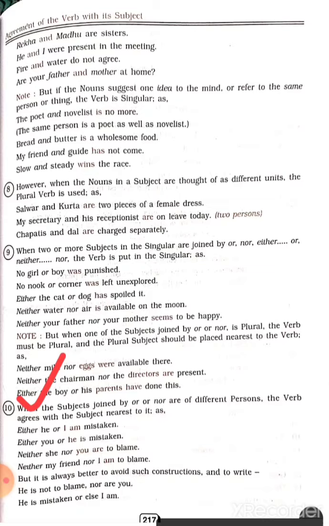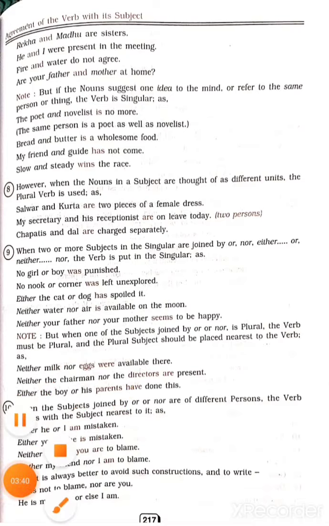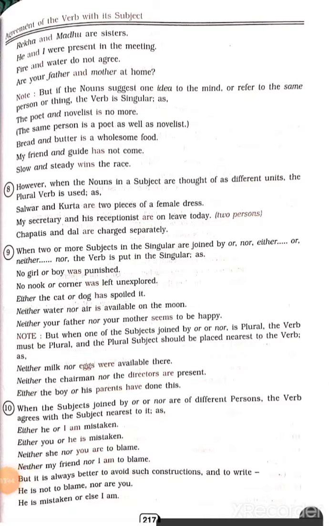For example, either he or I am mistaken. The sentence is joined by or, so I is the subject closer to the verb. That is why I am mistaken. You cannot write here he is.